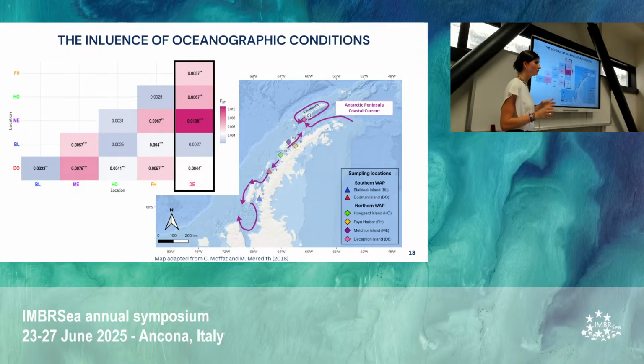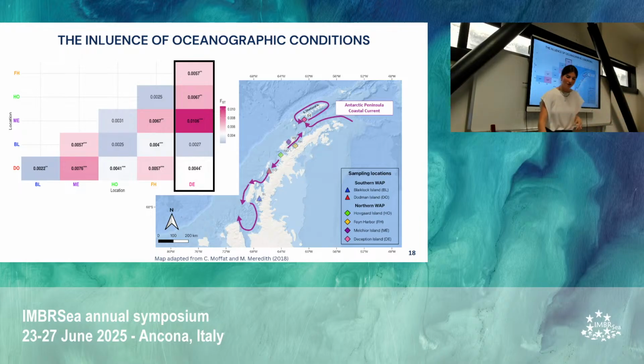I will use two examples to illustrate the probable influence of this current on connectivity. First, Deception Island, which is located here, sits within a cyclonic circulation around the island, which we can expect to promote a retention area and likely limits dispersal and gene flow with southern locations. In fact, when we look at our pairwise FST values, most of them were significant between all other locations and Deception Island.